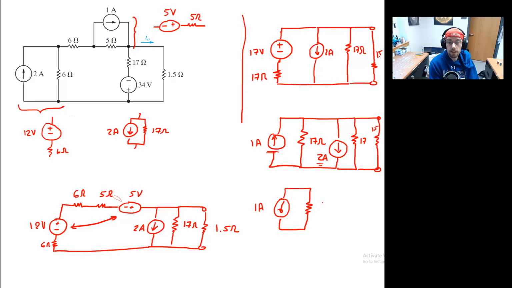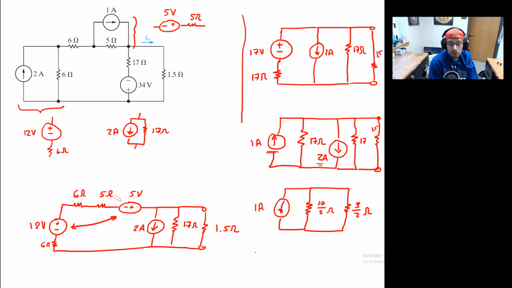And since they're the same value, this would just be 17 over 2 ohms. And then last but not least, we have our 3 over 2 ohms. Hey, we have a current divider again.